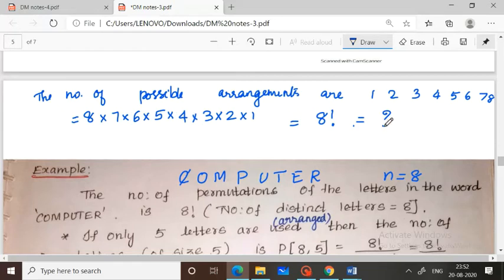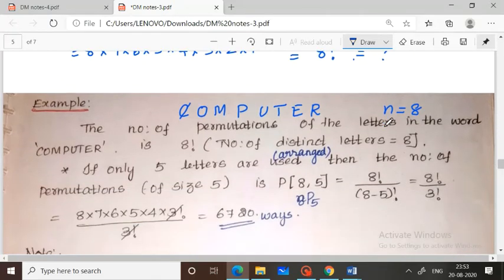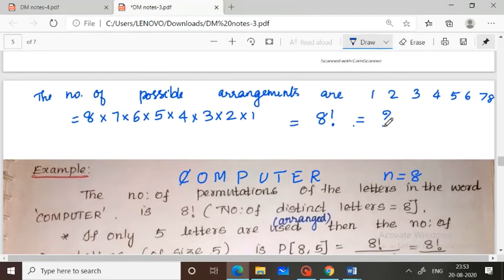Next, suppose I ask you to arrange some of these 8 distinct letters. Here you have 8 distinct letters. Out of these 8 distinct letters, you have to select and arrange 5.